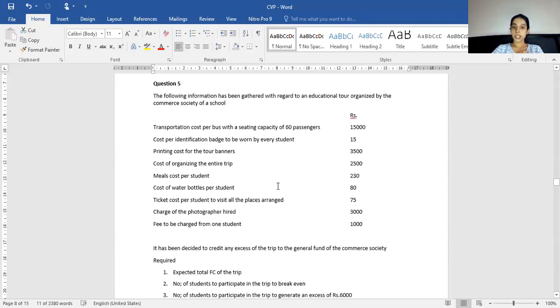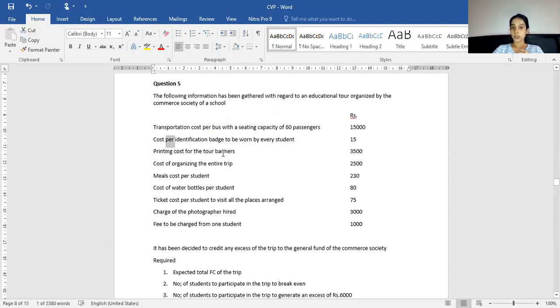Cost per identification badge. Whenever they use this term per, cost per identification badge, cost per student, cost per unit, that means it changes with the level of production, meaning those are variable costs. So this cost per identification badge is a variable cost.